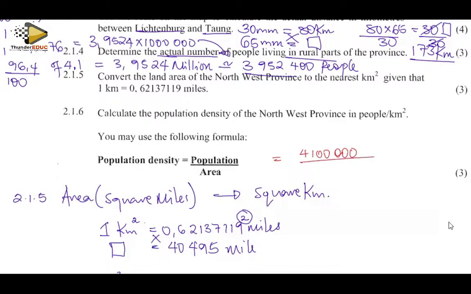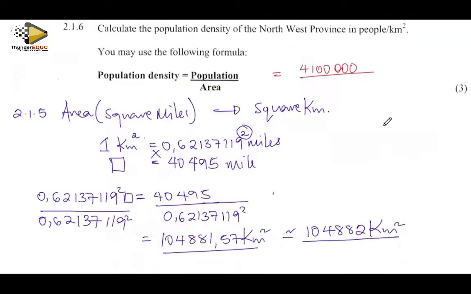So we are dividing now with the area that we've just got, because they want the answer in number of people per kilometer squared. So the answer we've just got is 104,802. Let's do it there and we see what we get.